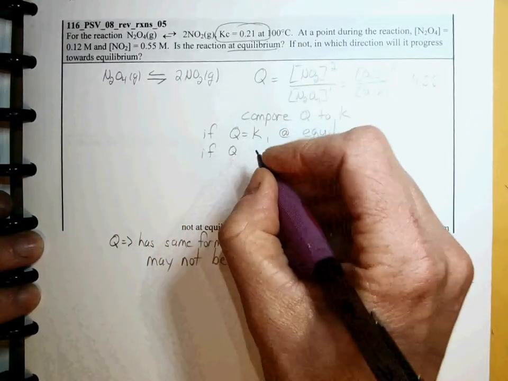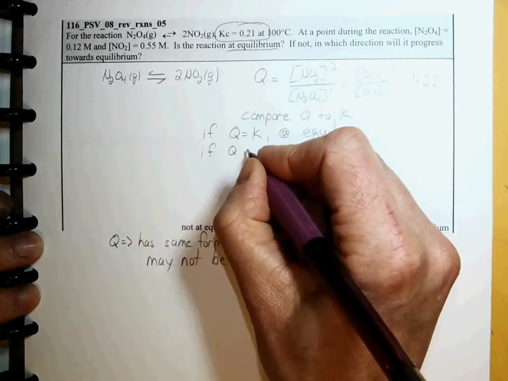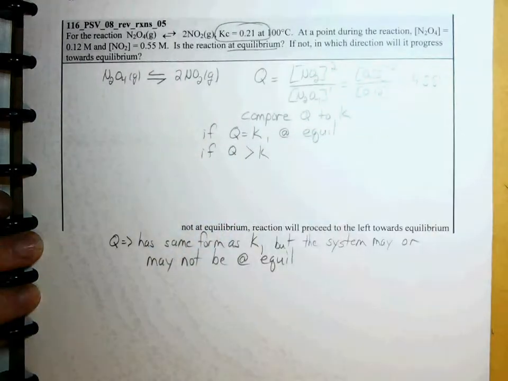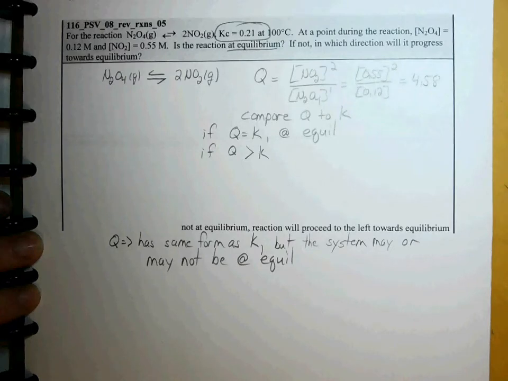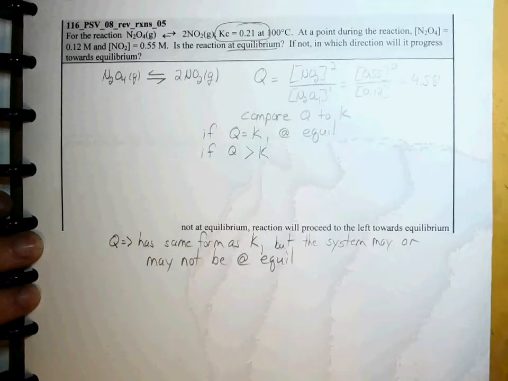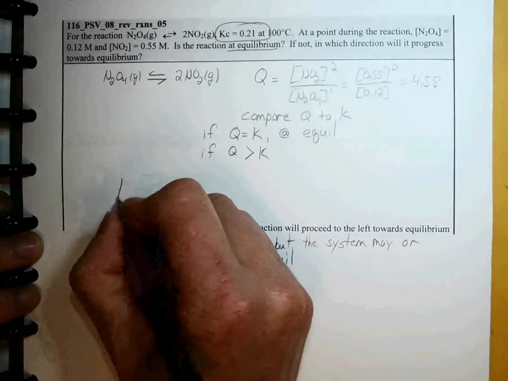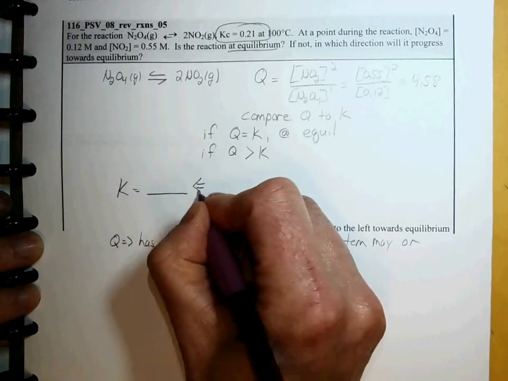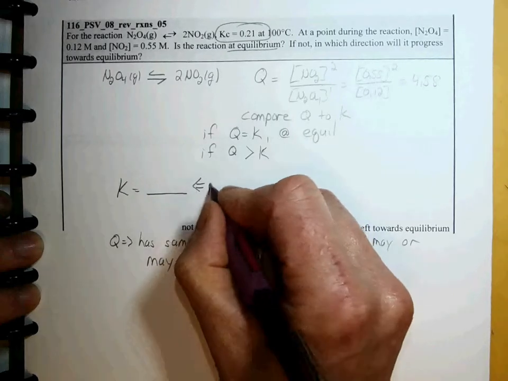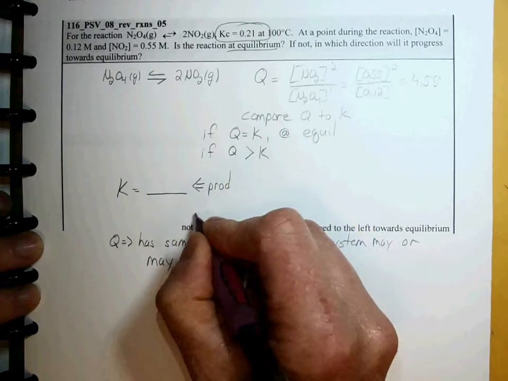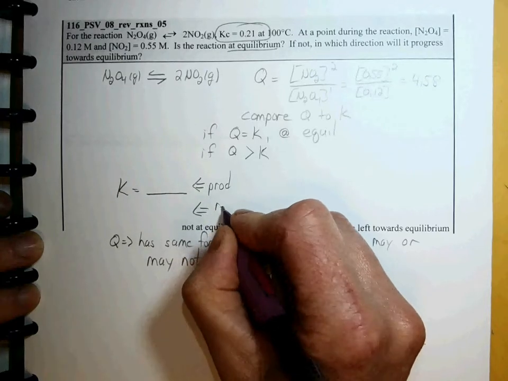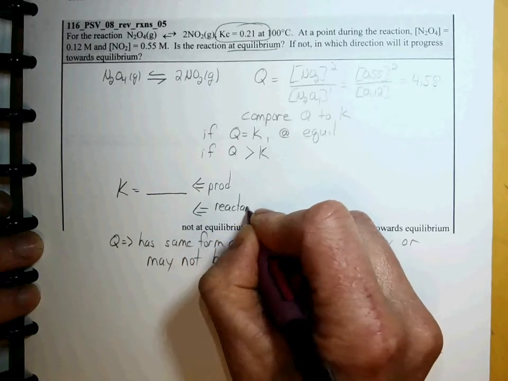Alright, if Q is greater than K, that means, well, let's think about this. We know that K is going to have some expression of product concentrations divided by some expression of reactants.